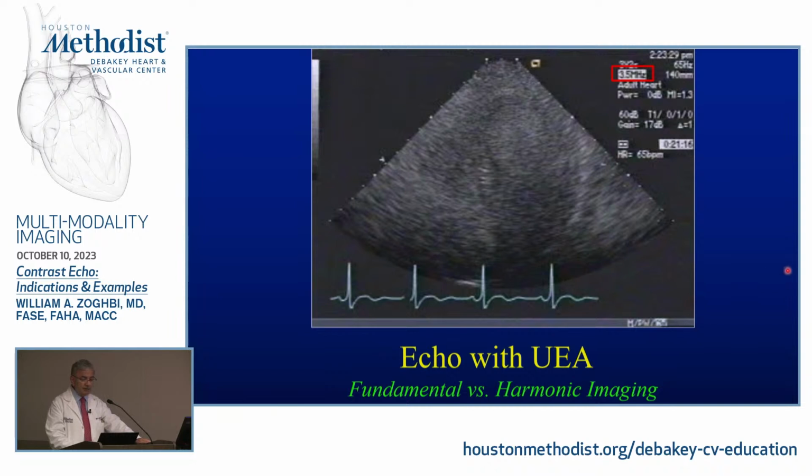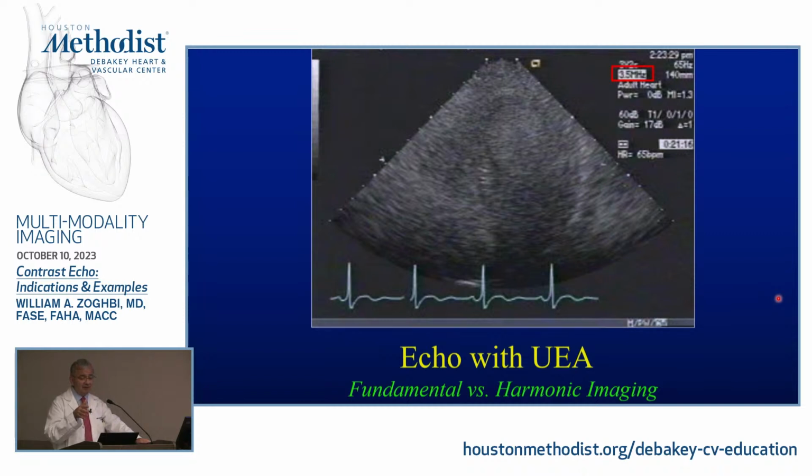And here it goes. This is the same injection, same patient, just microseconds apart when you turn harmonic on or off. Okay? Harmonic is off. Contrast is in. Not pretty. Why?